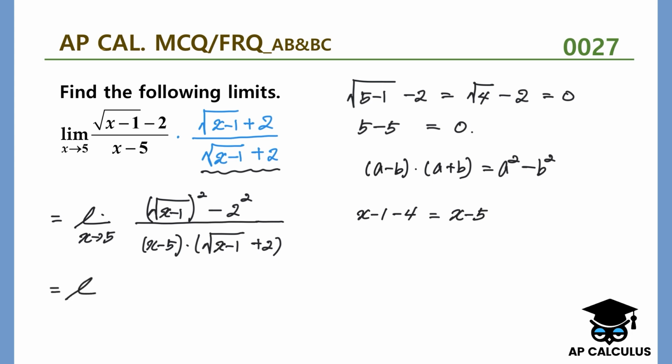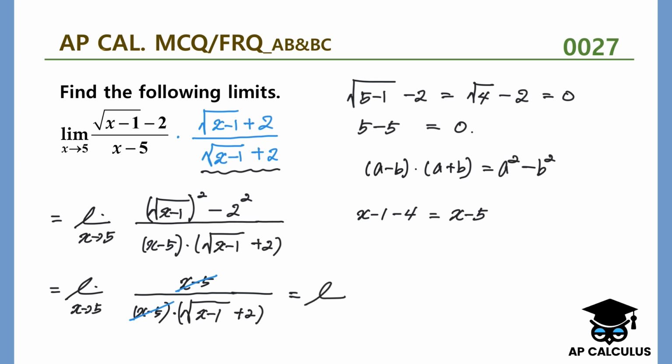So we have the limit as x approaches 5, numerator x minus 5, denominator x minus 5 times the parenthesis, square root of x minus 1 plus 2. We have the same factor here, x minus 5, so we cancel these two factors. We have the limit as x approaches 5 of 1 over square root of x minus 1 plus 2.